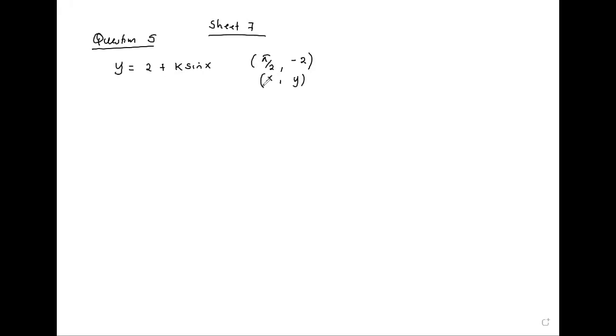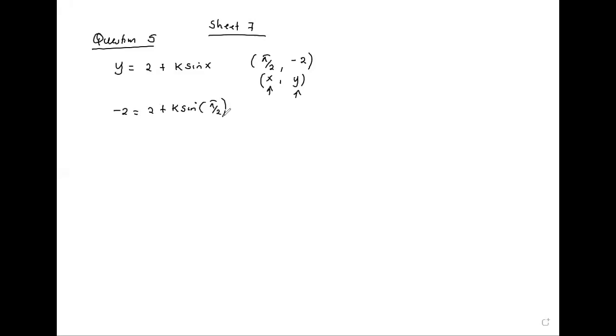It means that when you take the value of x, you must get y. So in the equation, you take x, you have y. Meaning in our equation, we have y as negative 2 if we take the value of x to be pi over 2, like that.